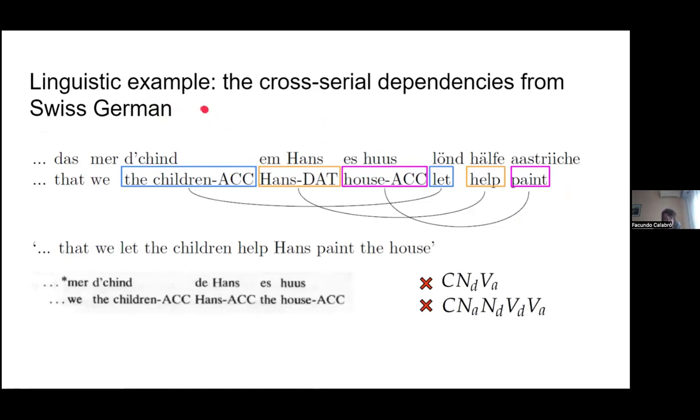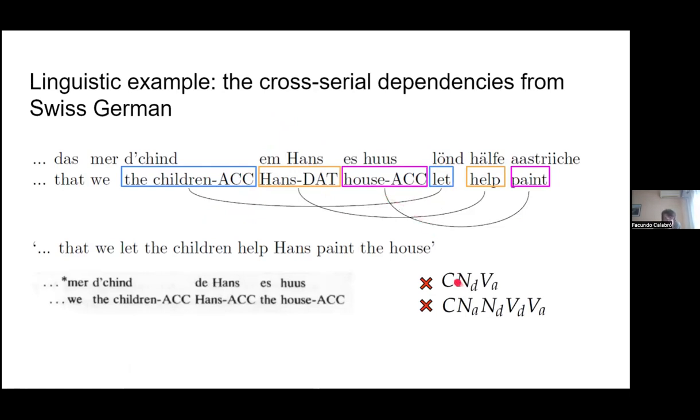Okay, so linguistically, as I said, one of the most important strengths of MCFGs that is shared with other mildly context-sensitive grammars is that they can give account of this type of phenomenon, where we have a sequence of noun phrases that are marked for either accusative or dative case, and a sequence of verb phrases that require arguments that are marked for either accusative or dative case.